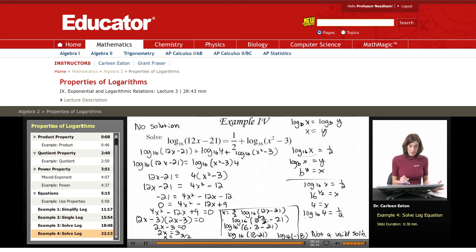So instead of writing 1/2 here, I wrote log base 16 of 4. Then I used the product property to combine the two logarithmic expressions on the right. Then I used this property and I set 12x minus 21 equal to this expression, solved using factoring a quadratic equation, but then I went and checked my solution and found that it was not a valid solution.